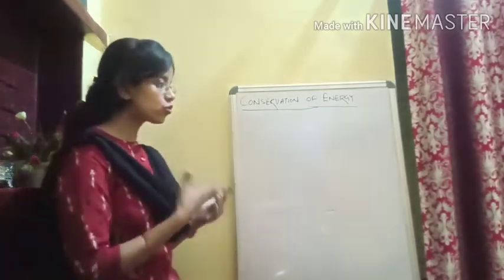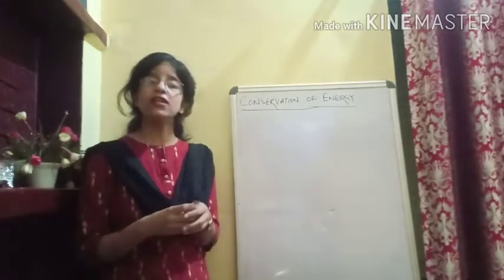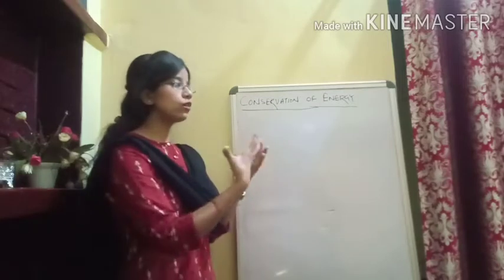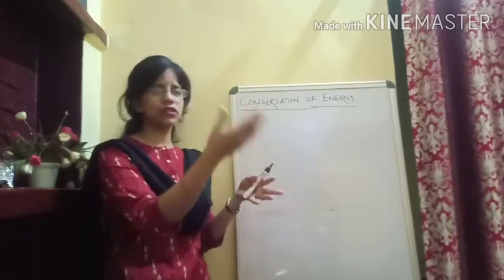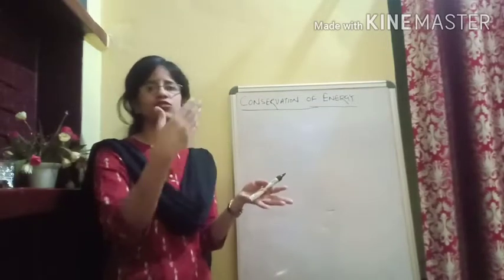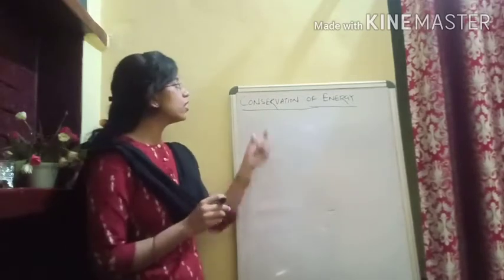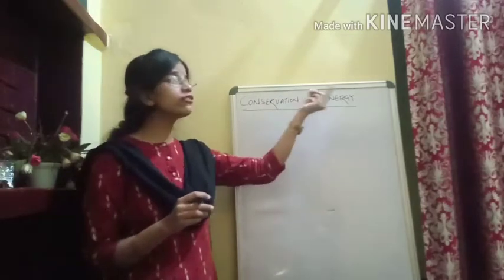We cannot destroy energy, we cannot create energy, but we can change the form of energy, like electrical to heat energy, electrical energy to light energy, sound energy to electrical energy, these types of conversion. So here what we are going to see is conservation of energy.